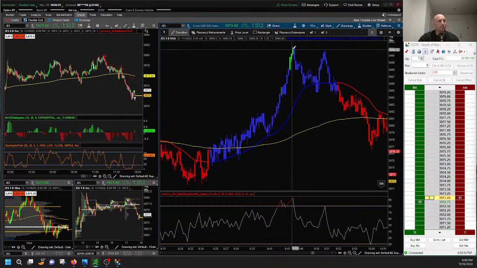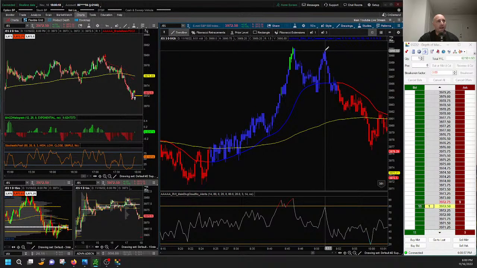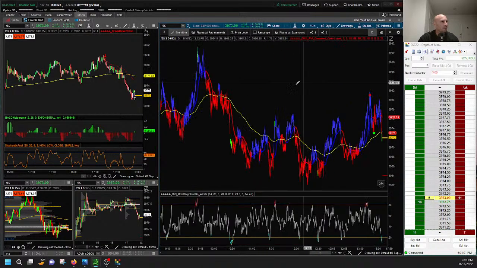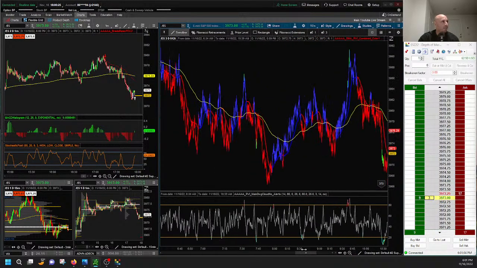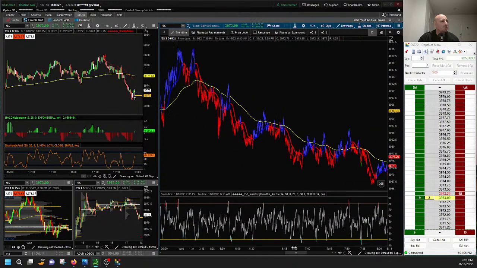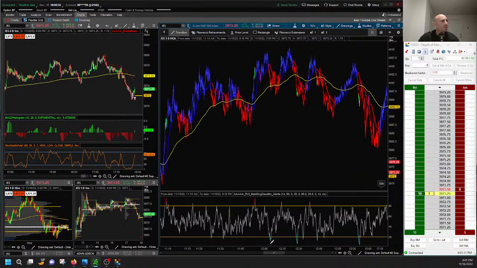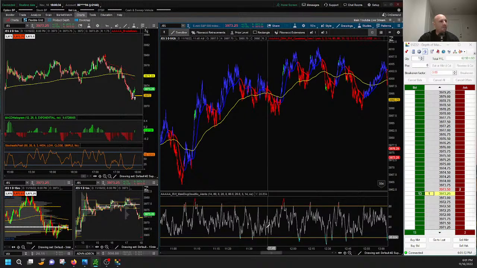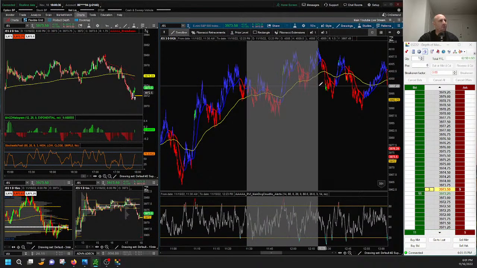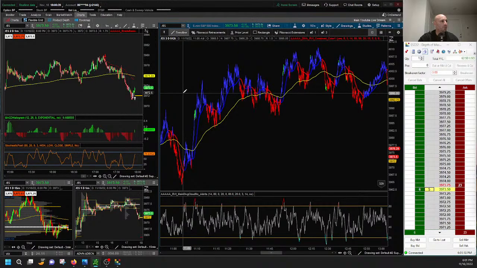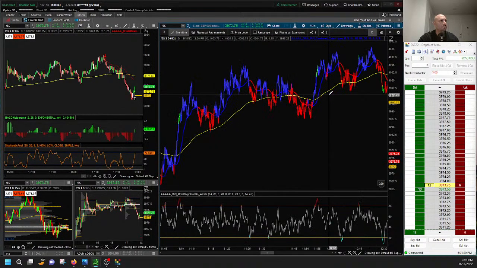Here's a great example. High, pull back, but we didn't have a divergence there. Let me try and find a white candle. Here's a really good example, actually a few of them. Here's our divergence from here to here.